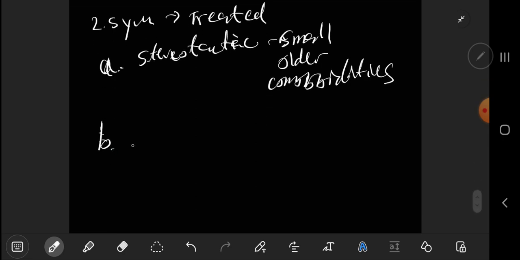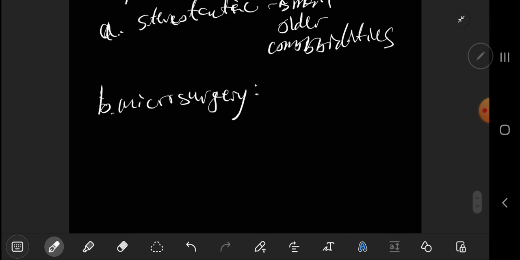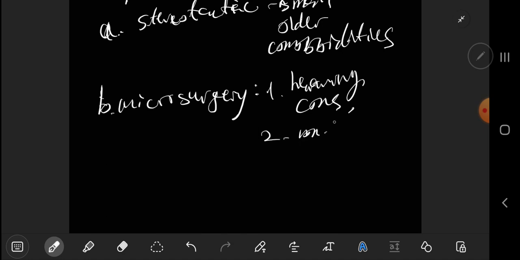The other option, which is microsurgery, is for patients with a bigger lesion that can undergo surgery. And in this surgery there are, let's say, mainly two types. One type is hearing conservative surgery, and the other type is for those without hearing to preserve, so non-hearing preserving.